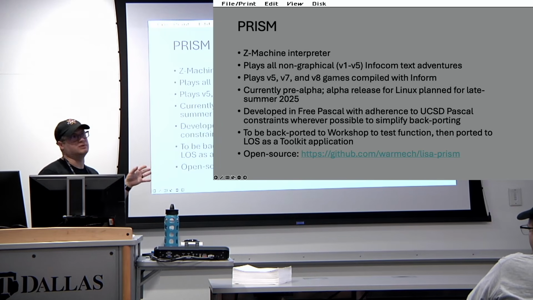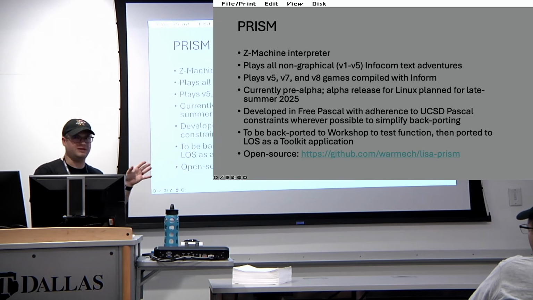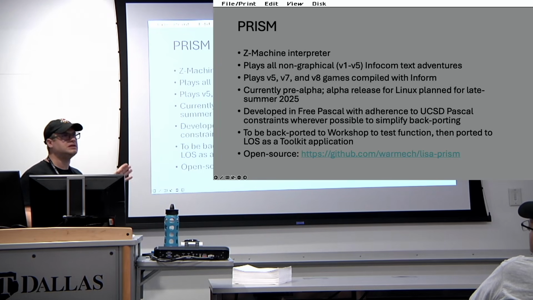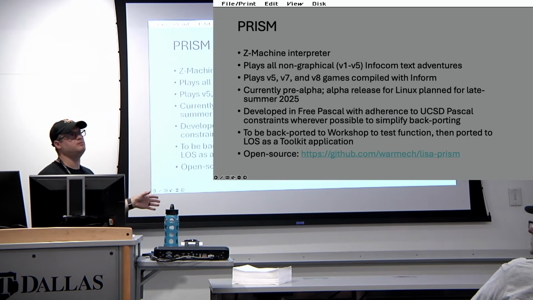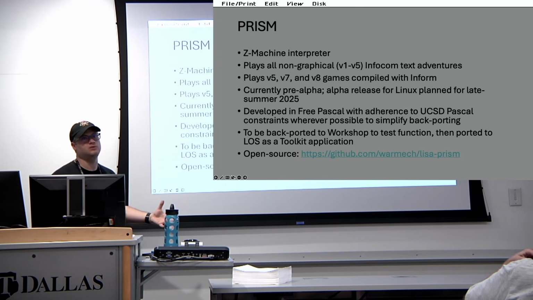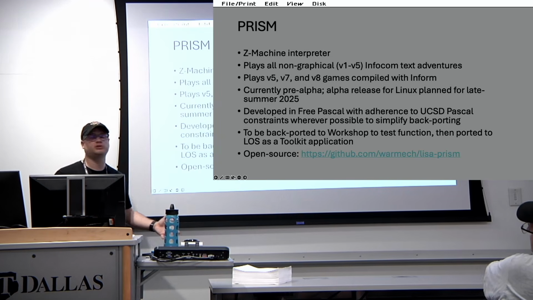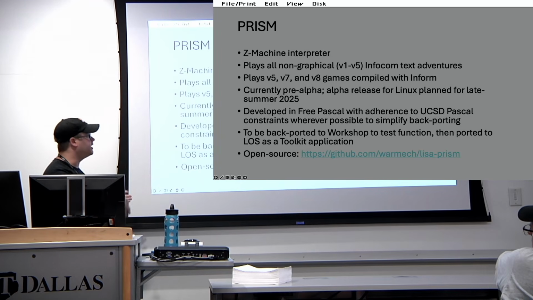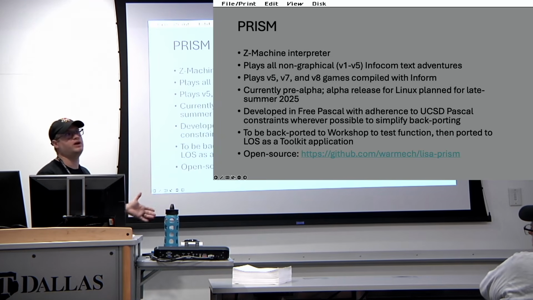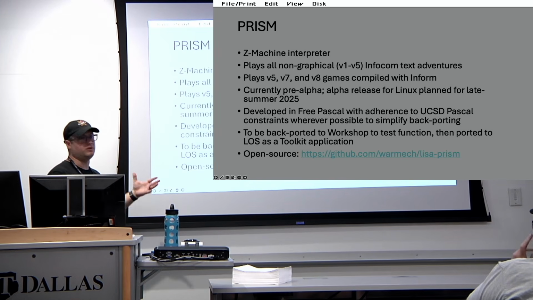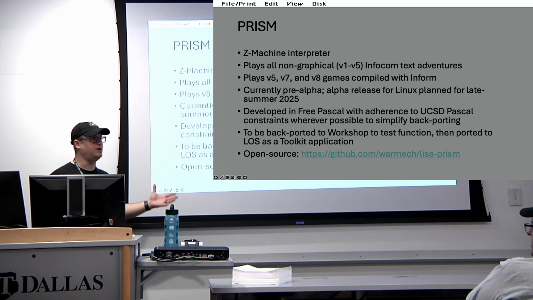That is going to allow us to hopefully, again, easy is a word that comes with strings attached, easily backport that into the workshop and have that run as a text-only application. And then once that is successfully running in the workshop, working to port that using the toolkit libraries as an actual graphical application on the desktop with a menu system that you can thumb through to interact with, load files, save files, turn on debug info.